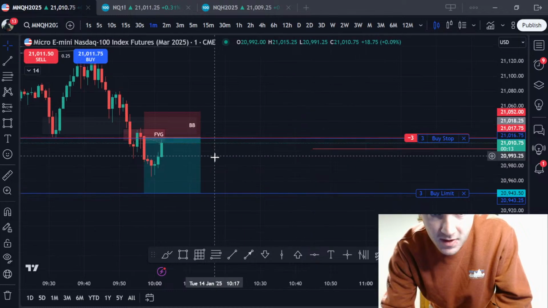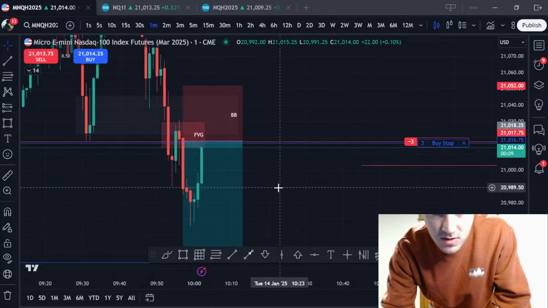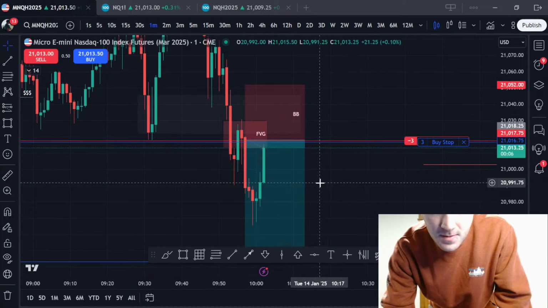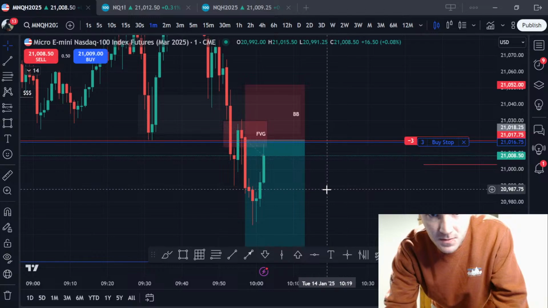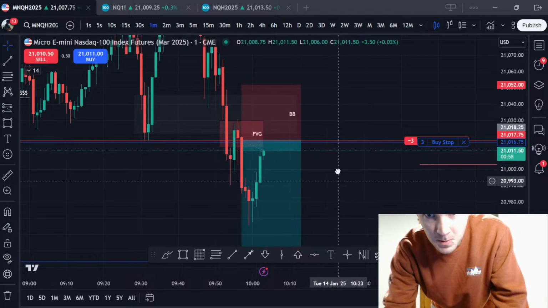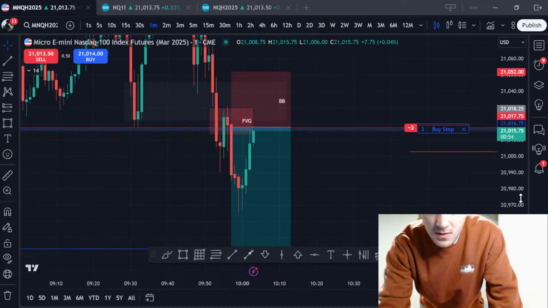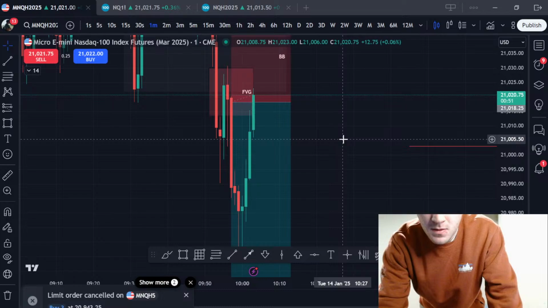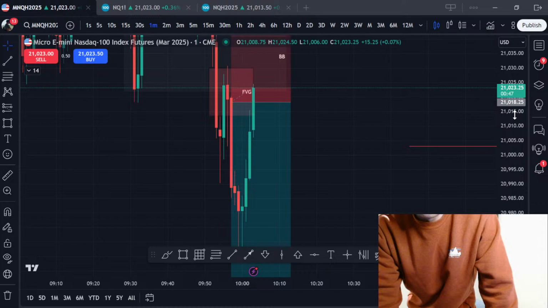This is kind of why you should trail your stop, honestly. Stop filled. Break even.